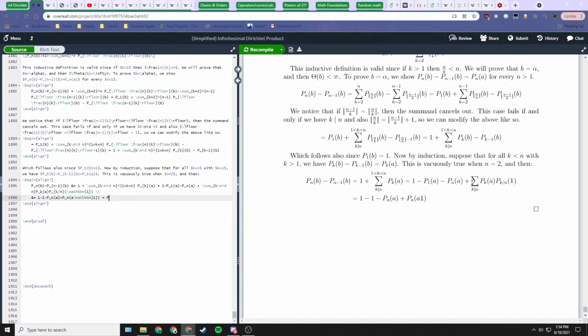And then this ends up being p sub n of a plus a times bold 1, or we could equivalently write this as a times 1 plus bold 1. But then a, by definition, this is 1 plus bold 1 divided by 2 minus bold 1, this.